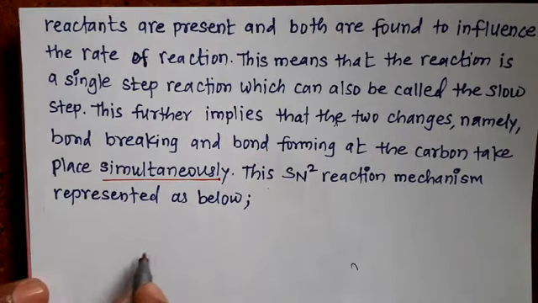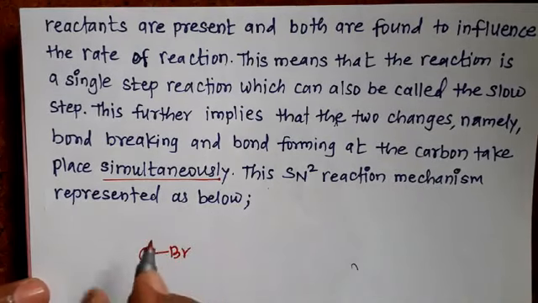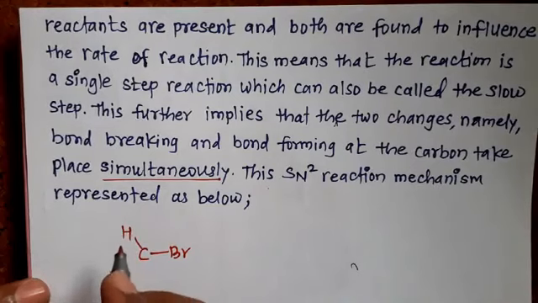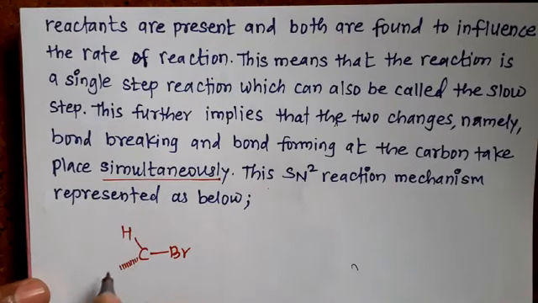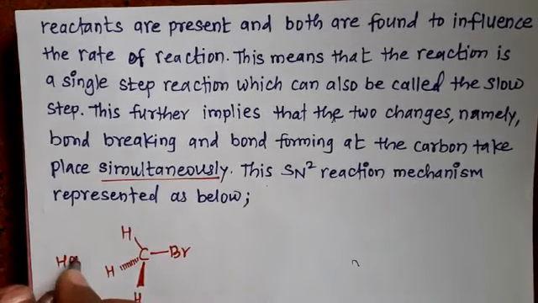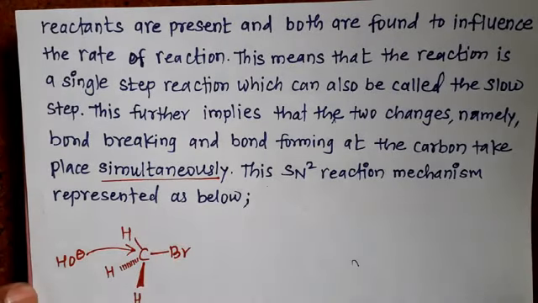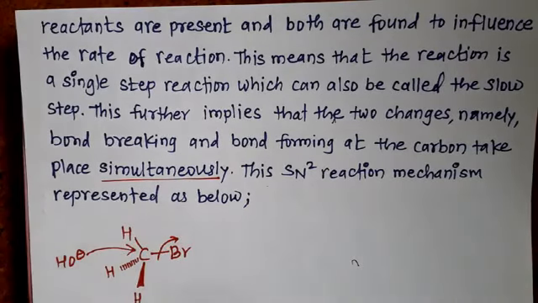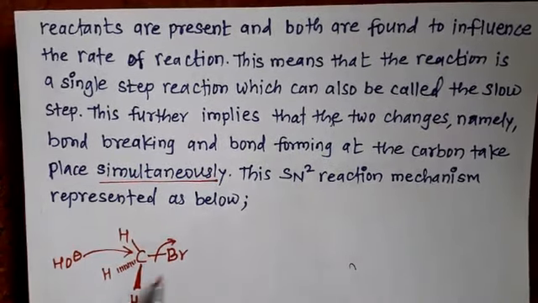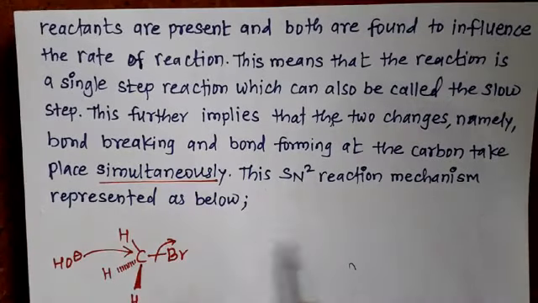This is methyl bromide, and this is a nucleophile, OH minus, which attacks this carbon from the backside of Br, and this Br leaves from the carbon after complete breaking of the carbon-bromine bond, and hence it is known as the leaving group.